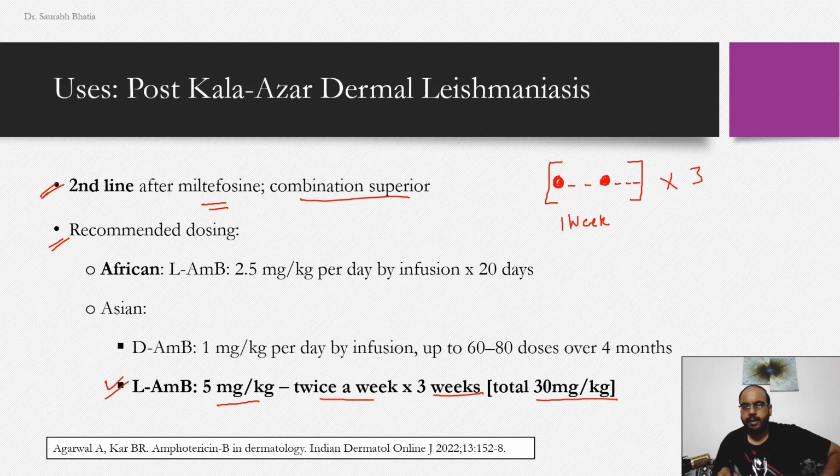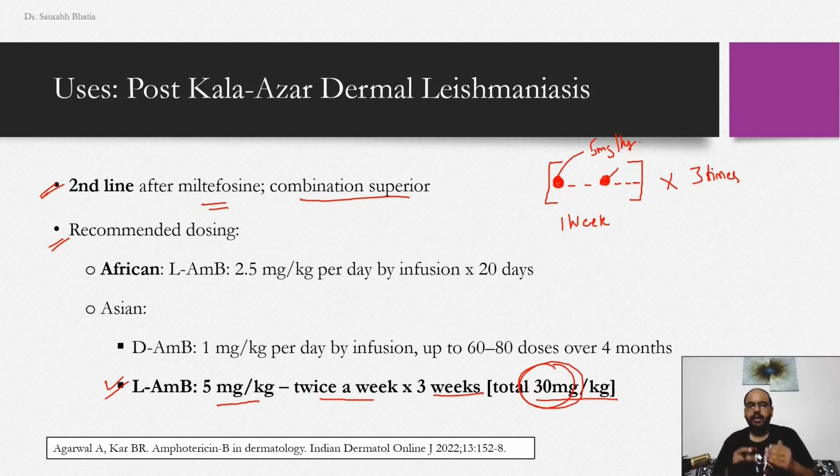You repeat it 3 times. Every time you're giving 5 mg per kg, so 5 plus 5 is 10 mg per kg, times 3, total 30 mg per kg. So 5 mg per kg 2 times a week for 3 weeks.